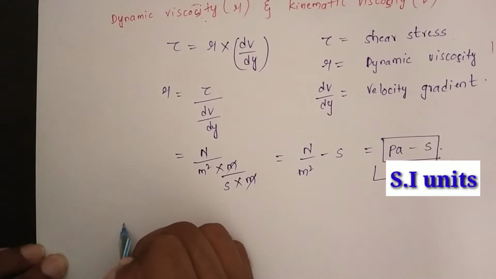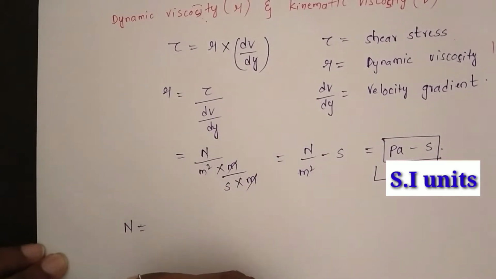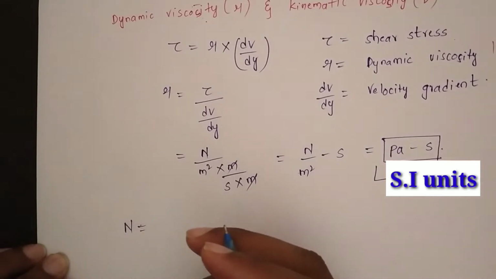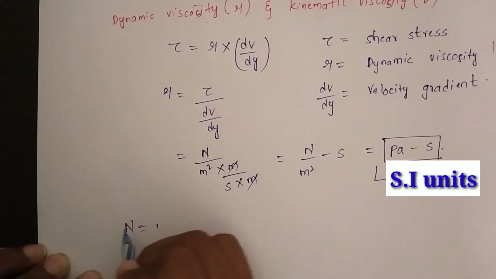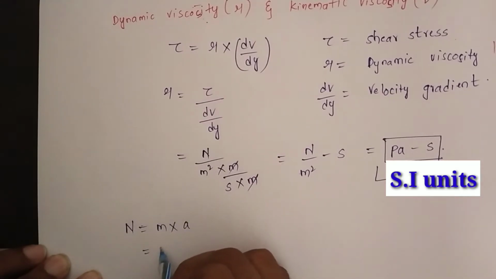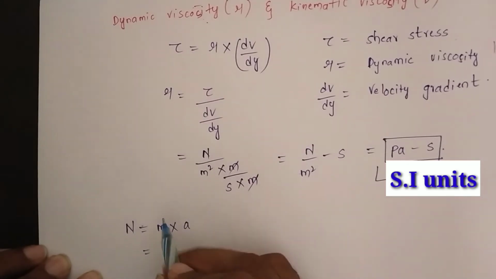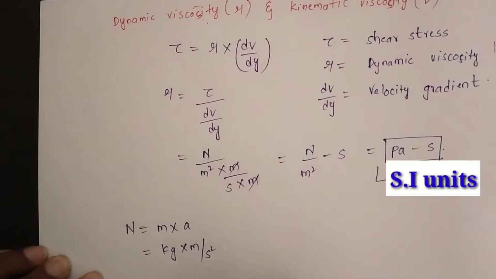We know Newton is units of force. Now force is equal to mass into acceleration. So 1 Newton is equal to mass into acceleration. Units of mass is kg and acceleration is meter per second square.